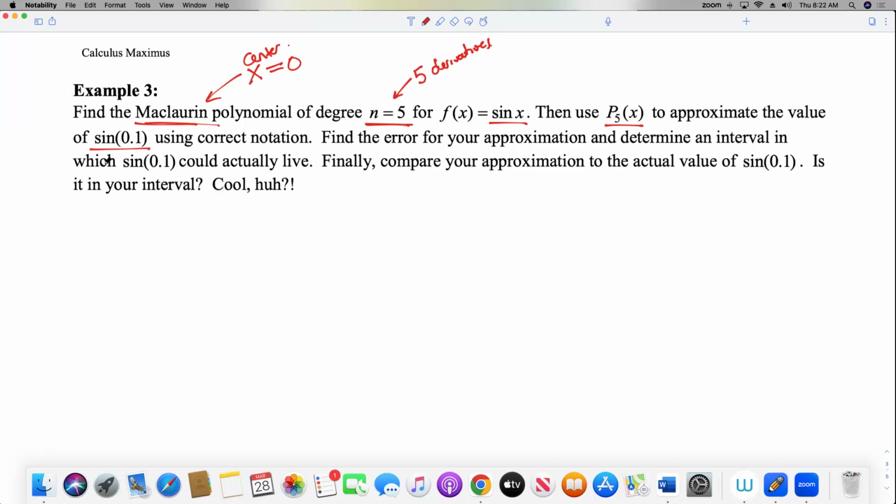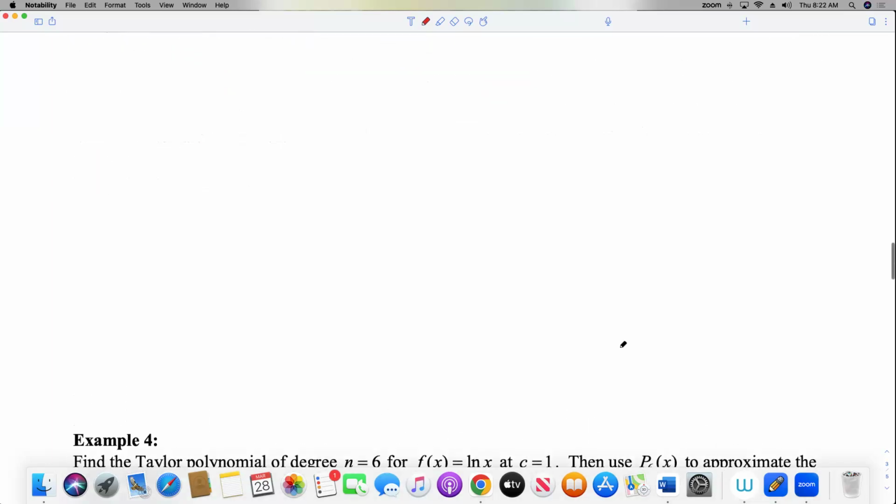So at the end of all of this, down here, I'm going to be writing sine of 0.1 is approximately equal to the Maclaurin polynomial to the 5th degree of 0.1. Now that I can put an equal sign because that's what I'm solving for.